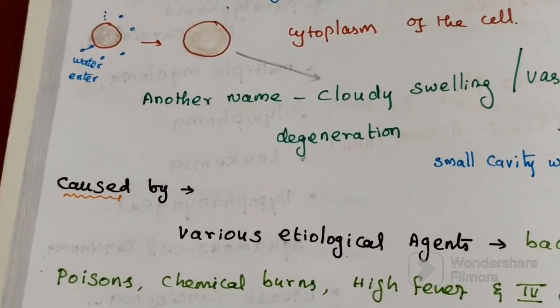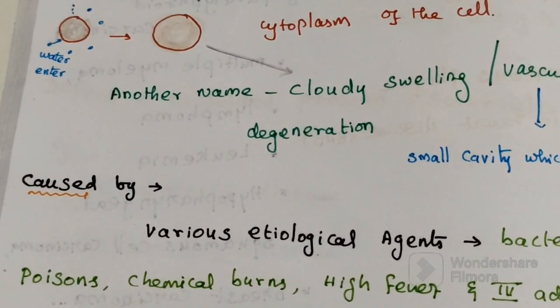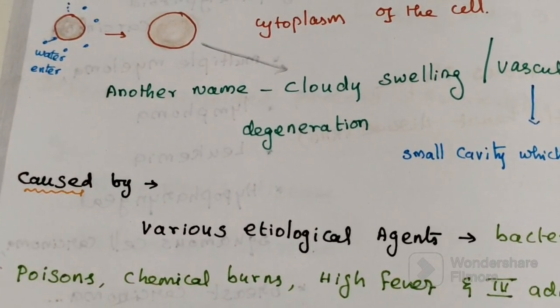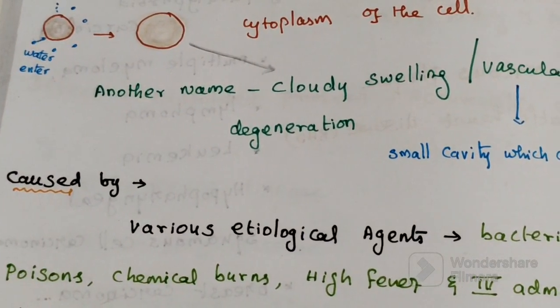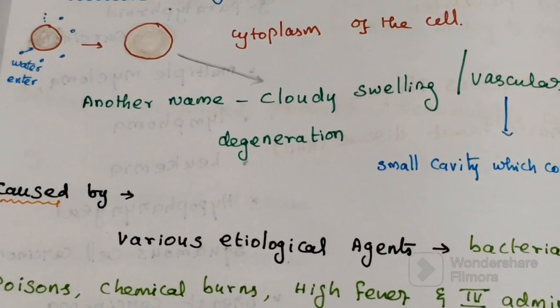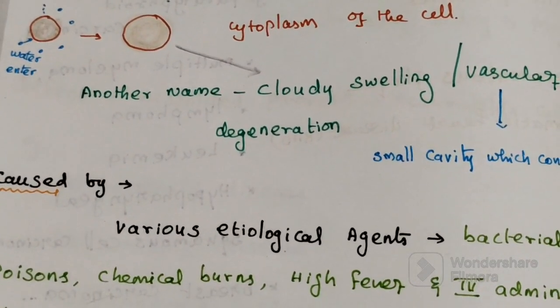Then what is the etiology of hydropic swelling? Hydropic change is the most common and earliest sign of reversible cell injury.